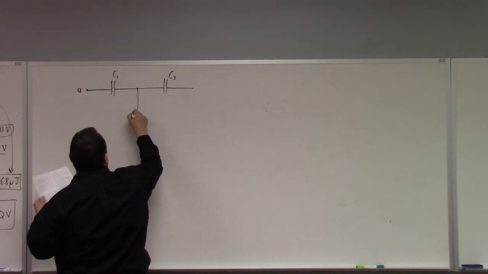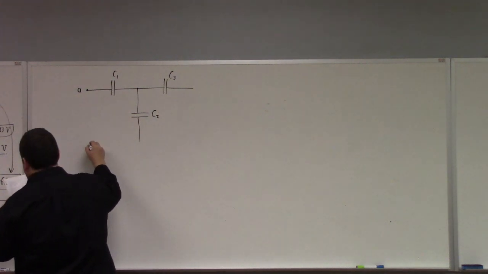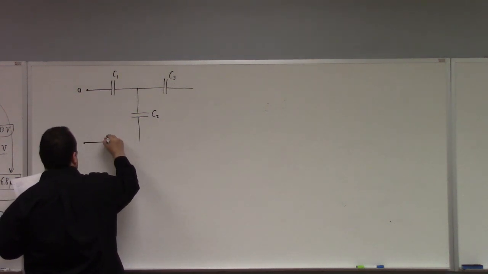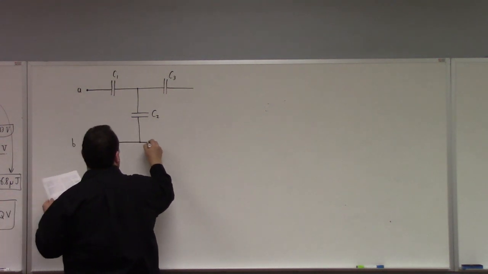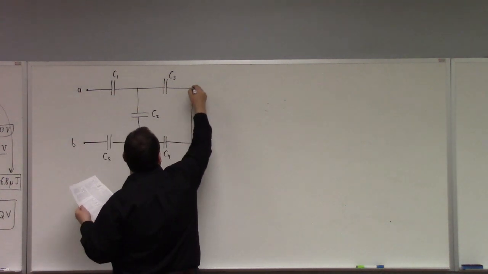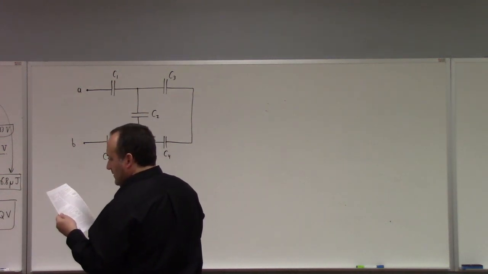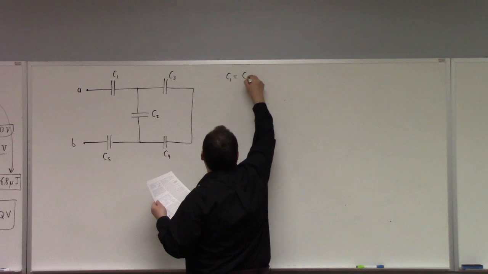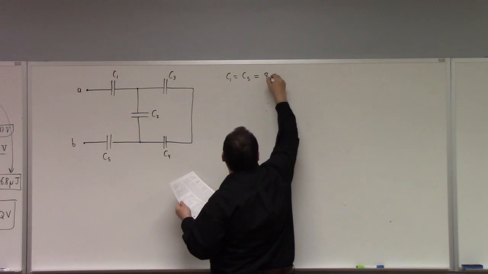You've got C2 in this vertical branch, and then you've got down here node B. They've called this one down here C5, and then C4 over here, and then they're connected. And we're told that C1 equals C5. I really like the way this problem is set up.